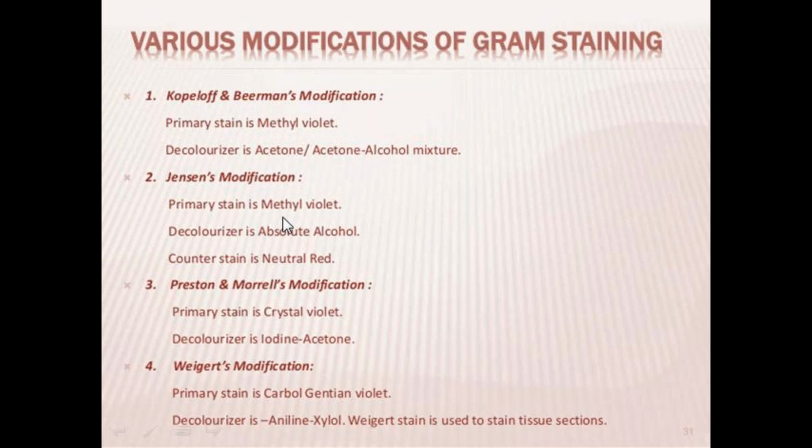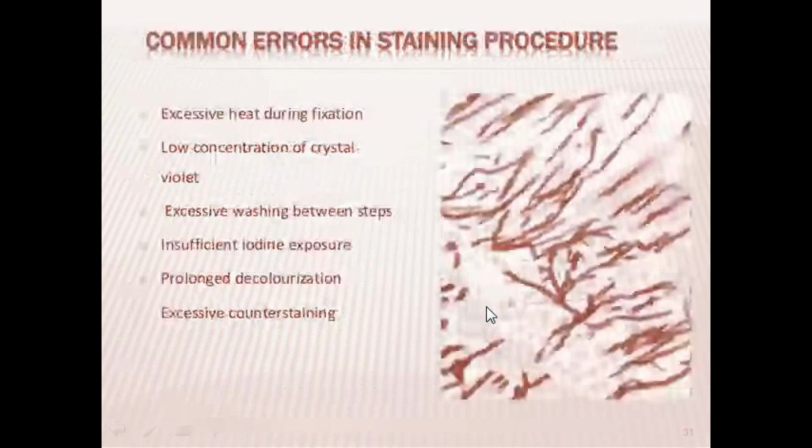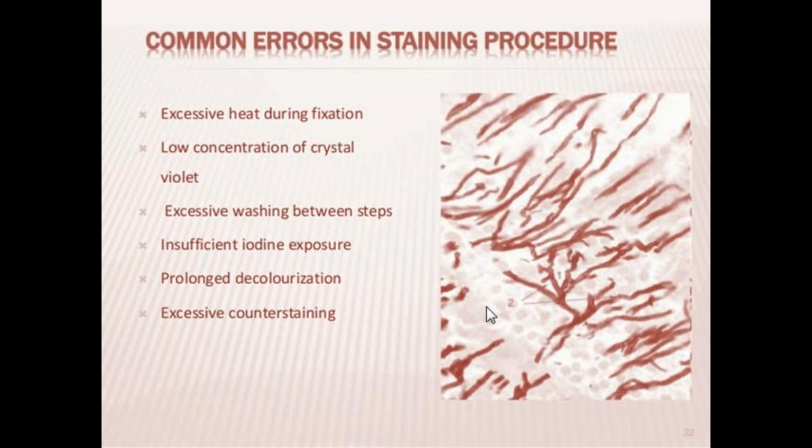And Jensen used the primary stain methyl violet, decolorizer is absolute alcohol, and counter stain is neutral red. And next, Preston and Morrell: primary stain is crystal violet, decolorizer is iodine acetone. Next, Weigert used the primary stain carbol gentian violet and decolorizer aniline xylene, and it is mainly used for tissue sections. That means the modifications are done by changing the stains only.